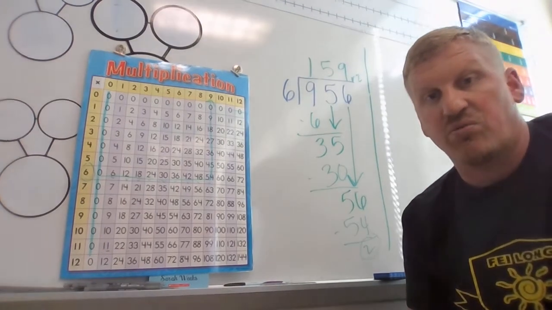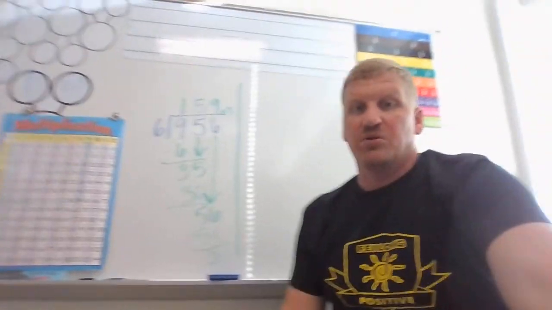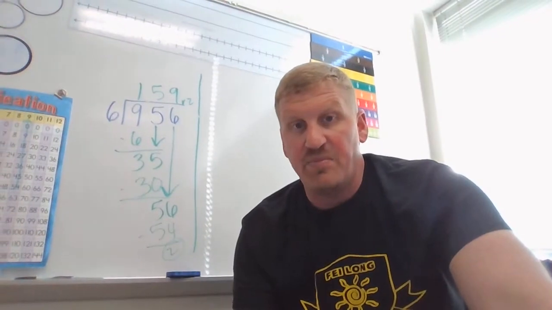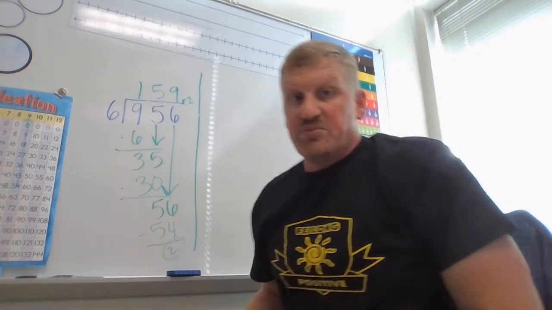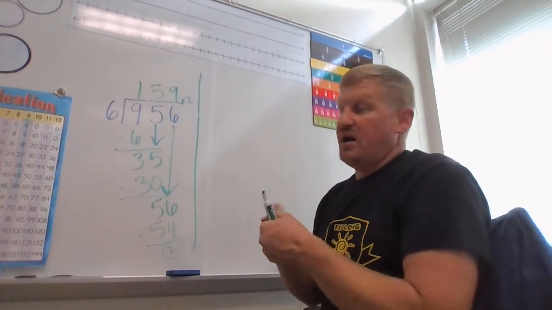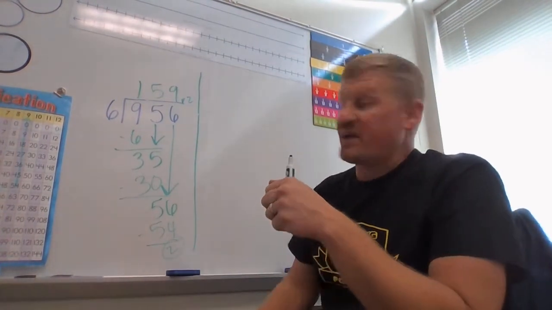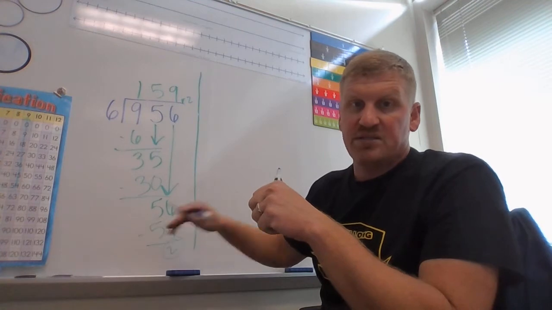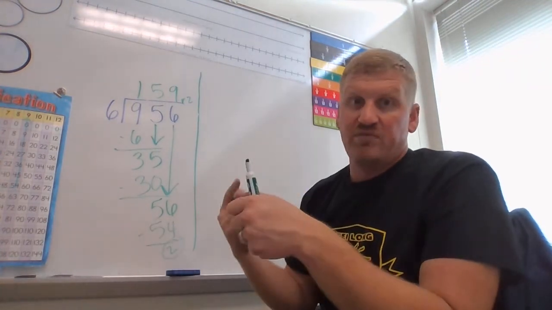Some students are rocking and rolling with their multiplication facts, and they're not being held back at all by that. Some students are struggling a little bit with their facts, and it's holding them back. It's keeping them from a seamless, organized way of doing this.